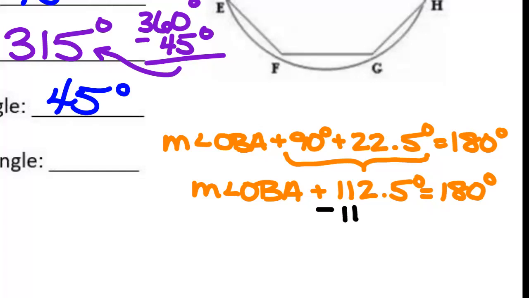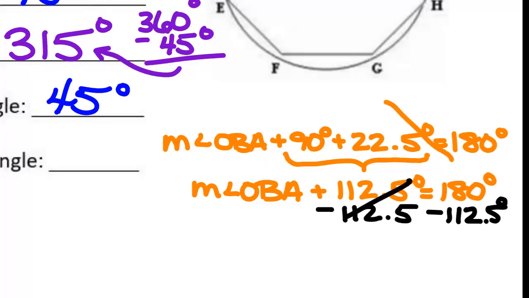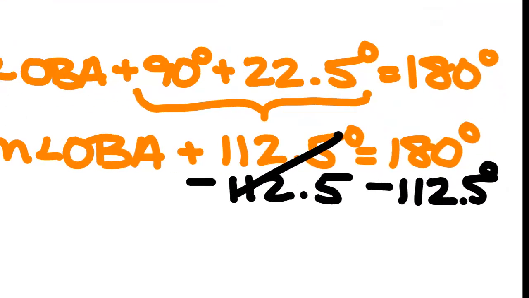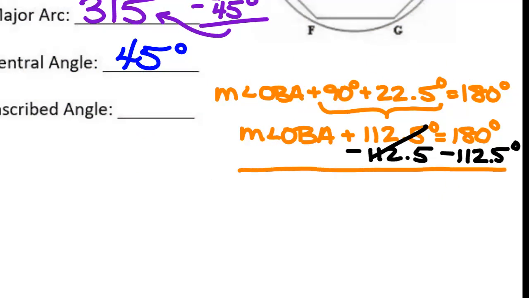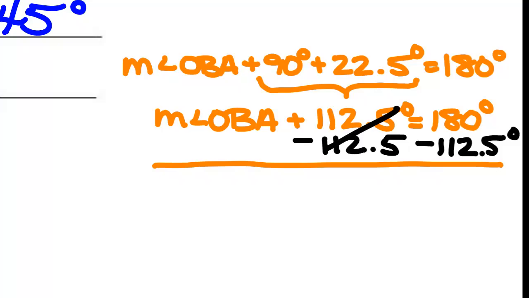And then I would subtract 112.5 from both sides. What do we get when we do 180 minus 112.5? You said 67.5?